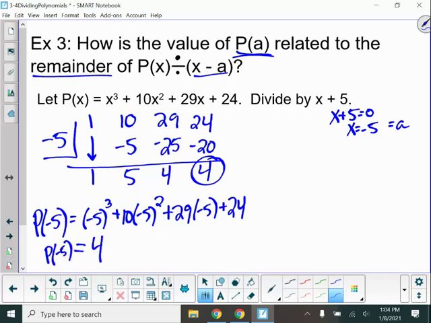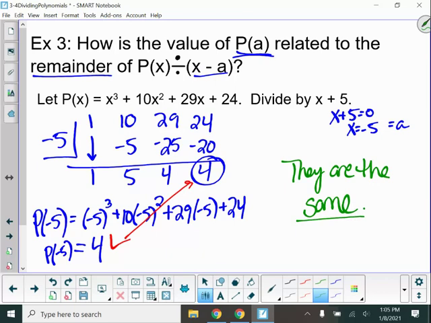So the value of p of -5 is equal to 4. That is the same thing that you get from the remainder. So the relationship, how is p of a related to the remainder? They are the same.